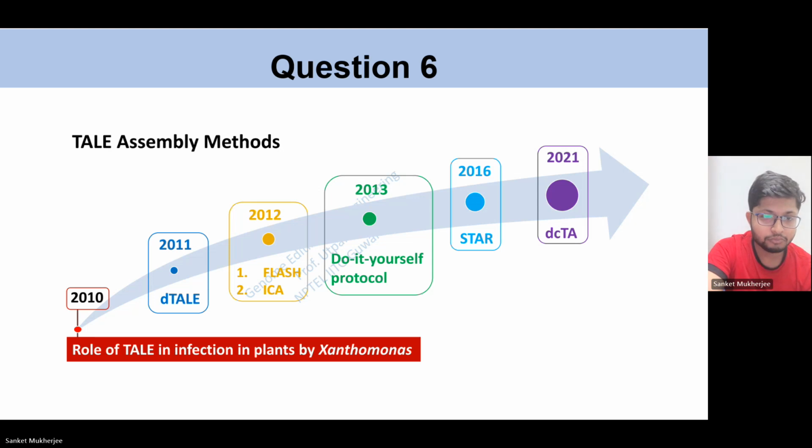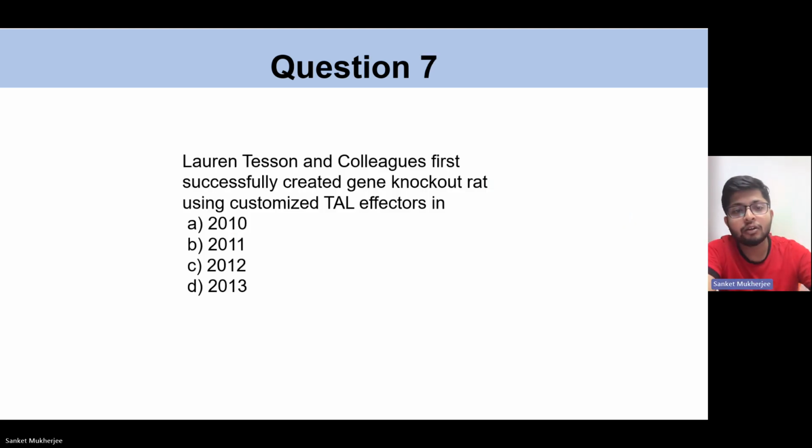So coming to the next question, Lauren Tesson and colleagues first successfully created a gene knockout rat using customized TAL effectors in the year 2010, 11, 12, or 13. So I'll give a minute for you to think on this.